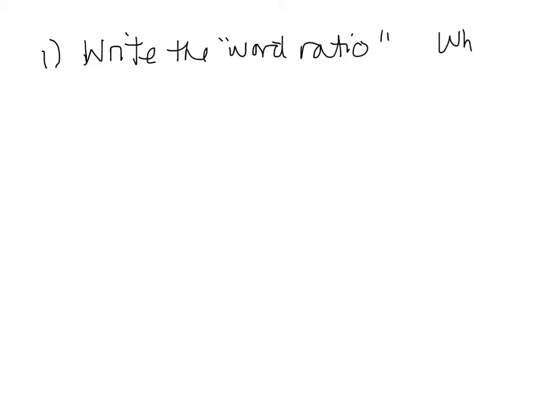What you're required to do in my class is write the word ratio. Not numbers, but in words. What's being compared? In our sample problem, that was white to red.